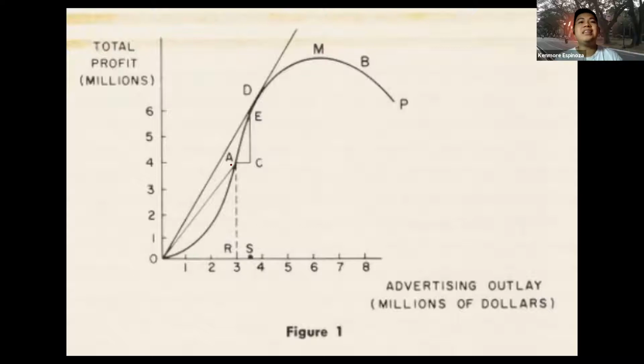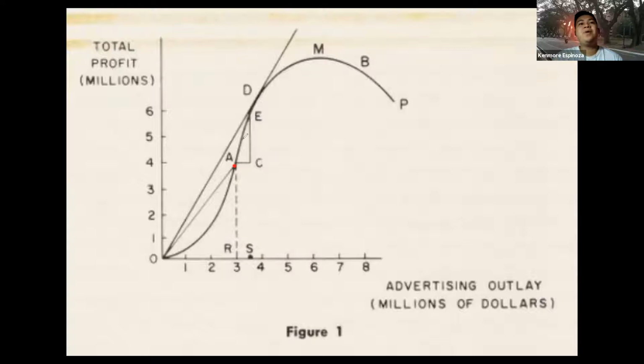Let's say for example, at point A. So from the origin, you draw a straight line, and the slope of this line is your average for that specific point.